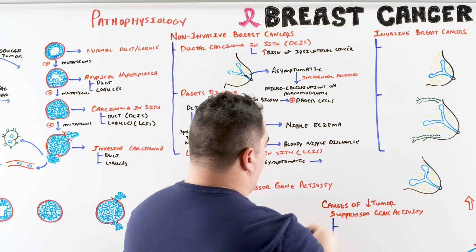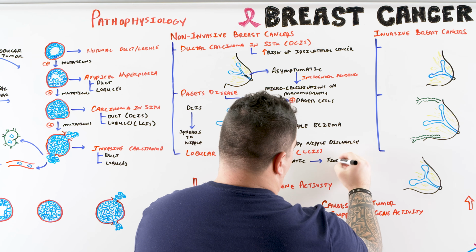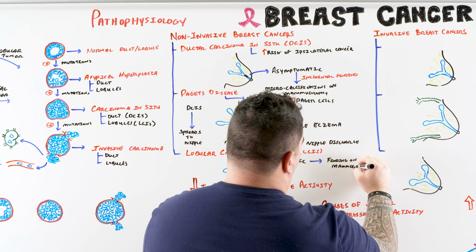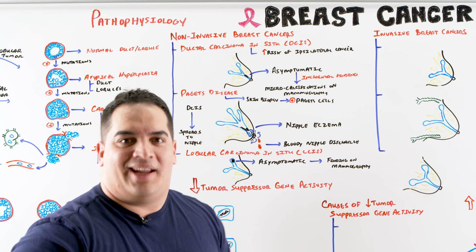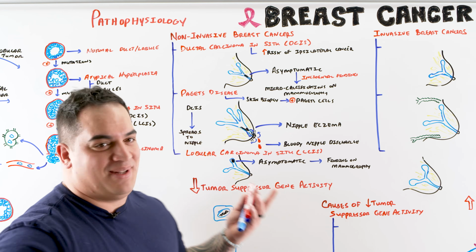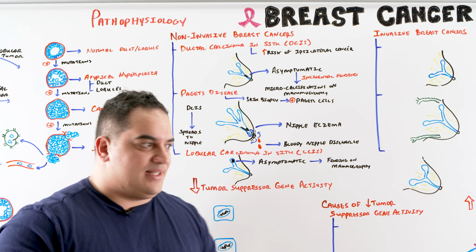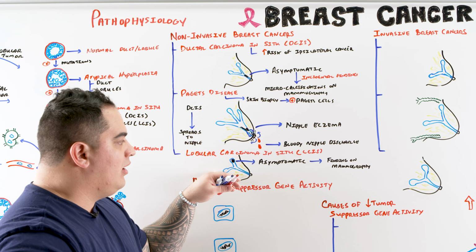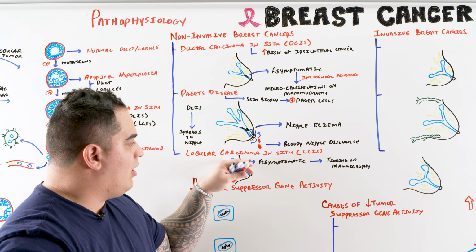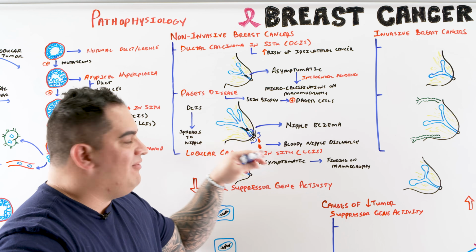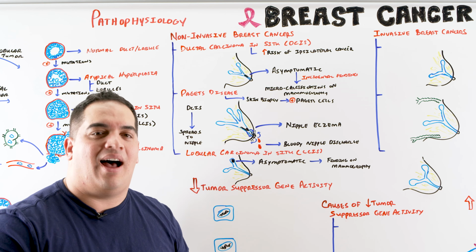So usually it's a finding on mammography. Or sometimes there's a thought that this is a fibroadenoma and they get a biopsy and it comes back lobular carcinoma in situ. The whole point I'm trying to make of this is that lobular carcinoma in situ is pretty much never going to be one of those that goes to invasive lobular carcinoma, which is odd, right?